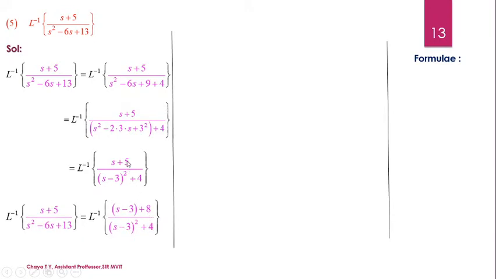When I add and subtract 8, I can write the numerator as s − 3 + 8, obviously, because −8 + 3 gives me −3. Now observe, I have common terms in numerator and denominator which helps us make use of the property of second shifting from the formulae of properties of inverse Laplace transform.